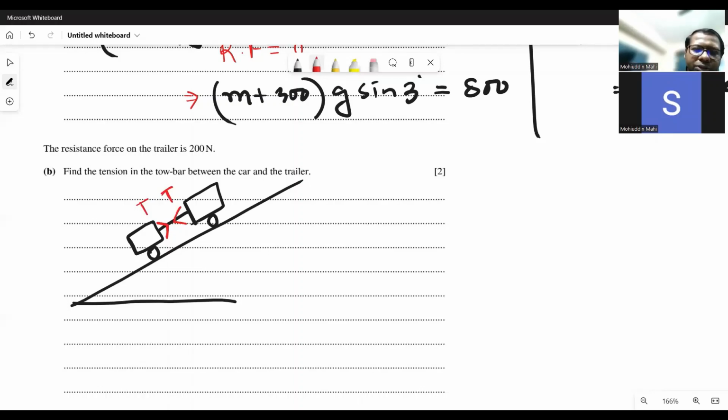Only on the trailer, the resistive force is 200 Newton. So we have to find the tension. On the trailer, think about it.